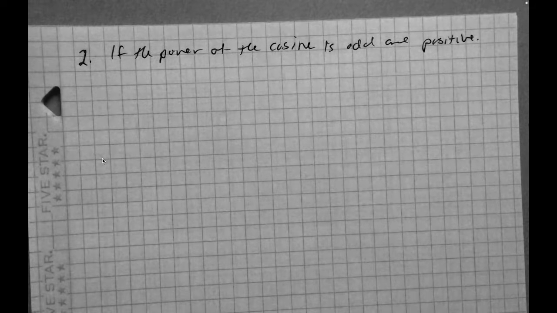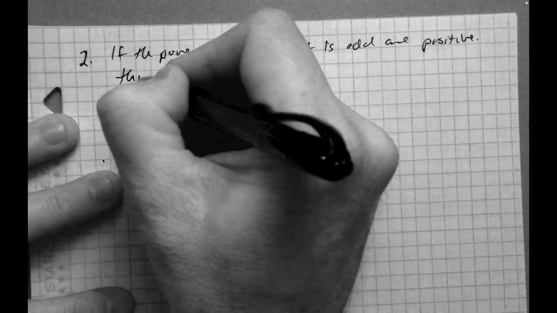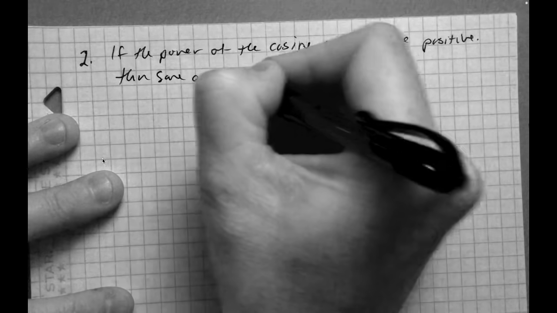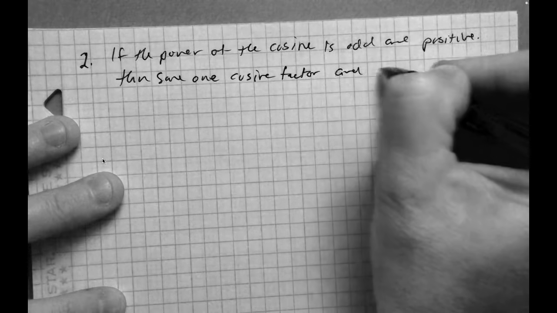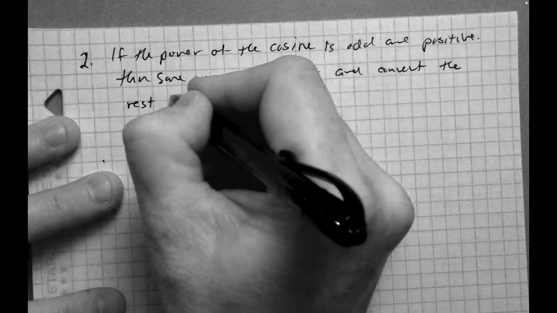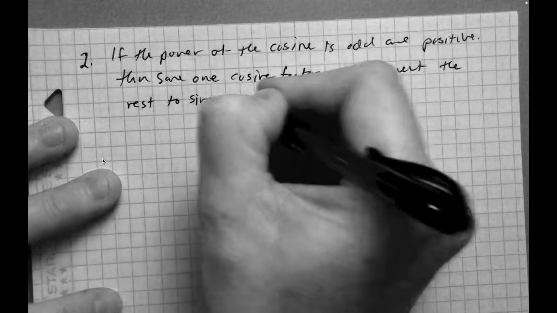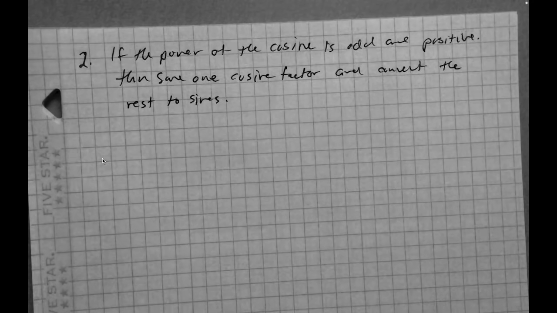Then save one cosine factor and convert the rest to sines. Okay, so basically the reverse of what we just saw.